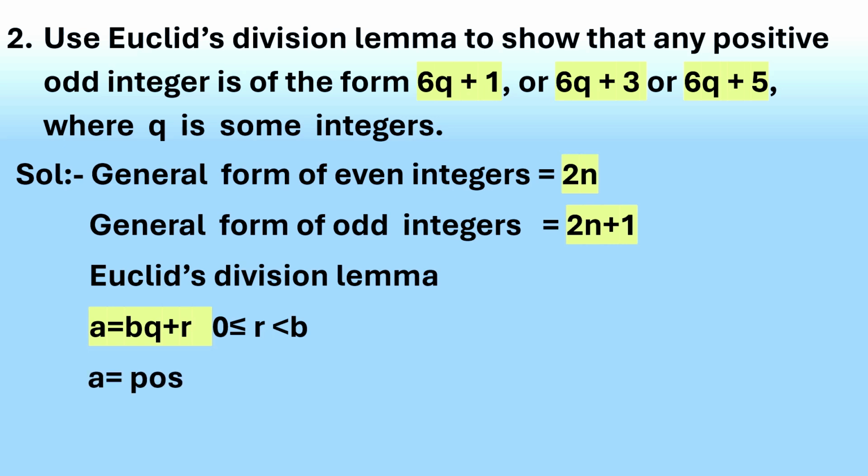Here, a is a positive odd integer and b is 6. Now we apply Euclid division lemma to get a is equal to 6q plus r, 0 less than or equal to r less than 6. We know that the remainder is always less than the divisor. So the possible remainders are 0, 1, 2, 3, 4 and 5.